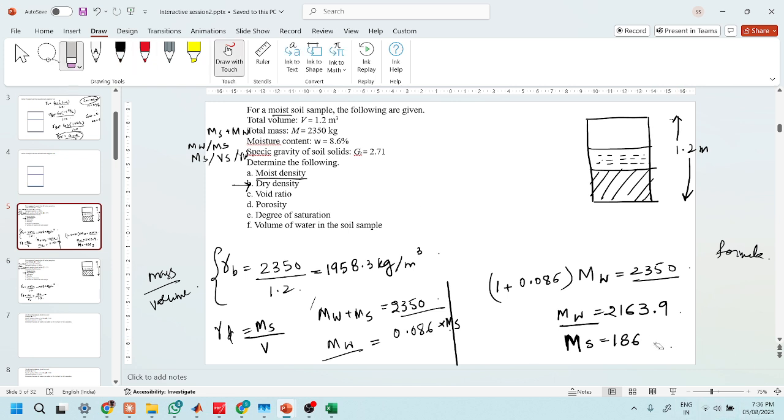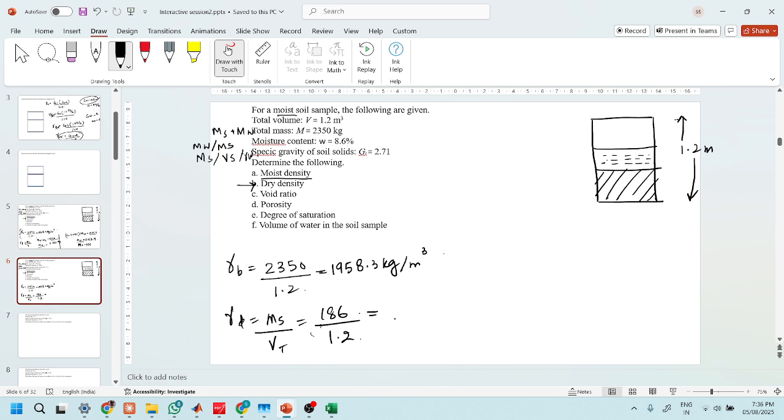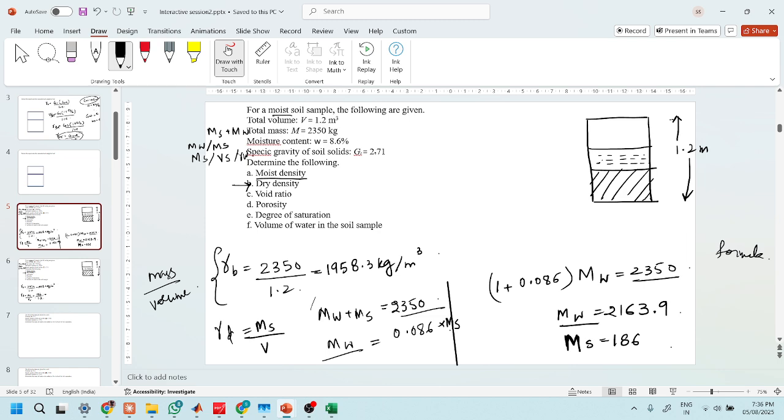Okay, okay, sorry. Kg only. 2350 minus... Something is wrong somewhere. We need to catch it.